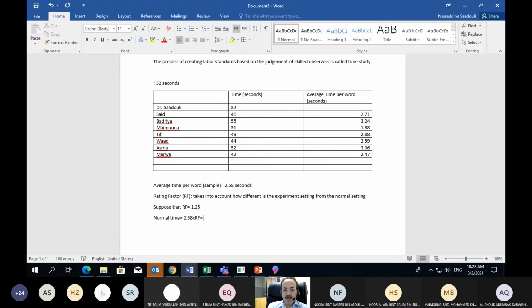So we use this to determine a normal time. We take the average time that I recorded multiplied by the rating factor, and we get 3.225 seconds. So now we see this is the normal time to type one word, including in it the setting of the experiment and how different it is from the normal.